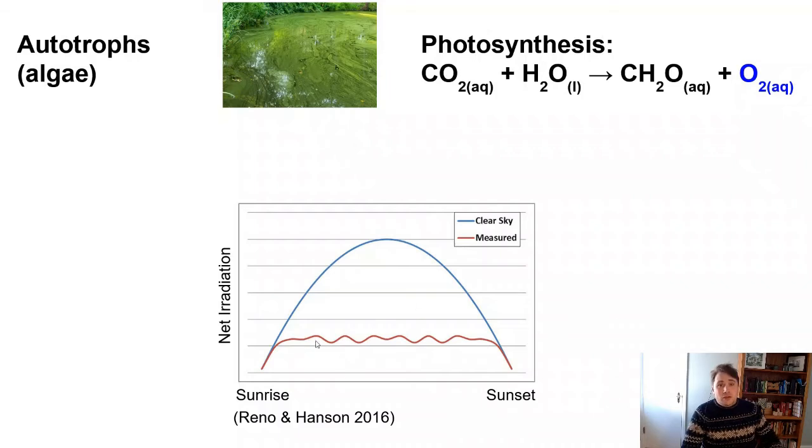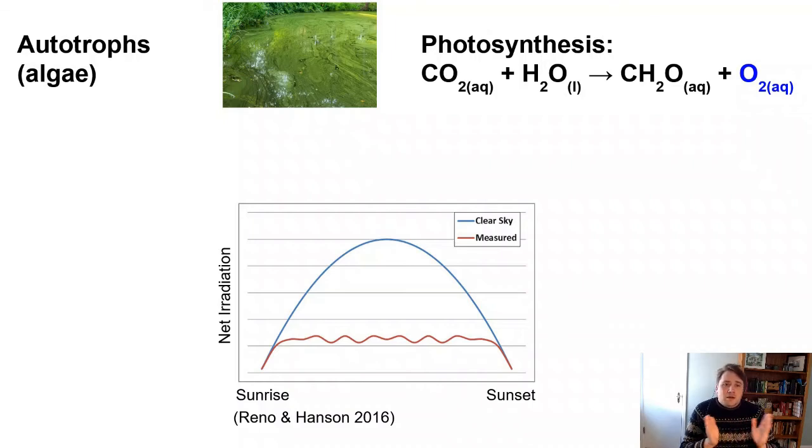And you notice this graph only covers a period of sunrise to sunset. Obviously, between sunset and sunrise, you have no net irradiation on your land surface. So we need to account for all of these factors when we're going to produce a mathematical expression of how much sunshine is hitting an area at any given time, such that we can model photosynthesis.